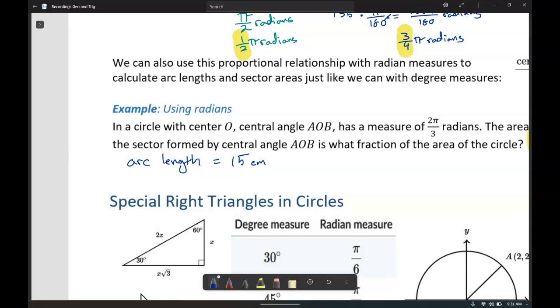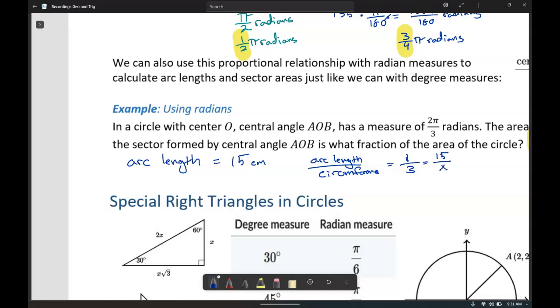Well, if our arc length is 1/3 of the full circumference, we could look at the arc length related to the circumference. We know the arc length is 1/3 of the circumference. The arc length is actually 15. What we want to do is solve for the actual circumference.